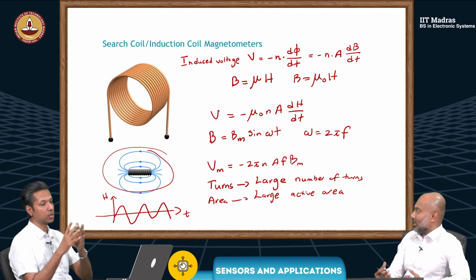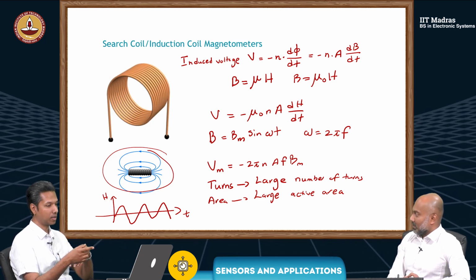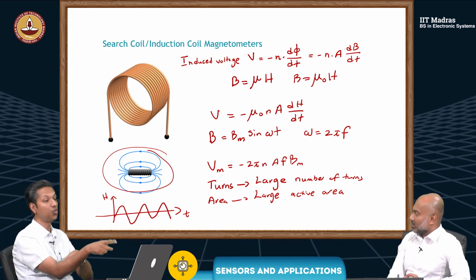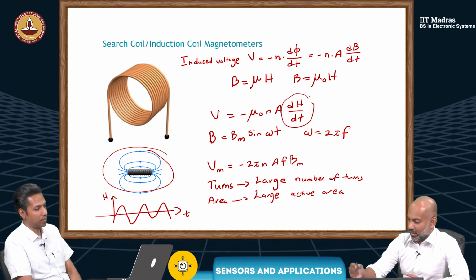Because what we have is the voltage waveform, if you want the B waveform, of course, we'll have to integrate, because V is obtained through the differentiation, dB by dt.